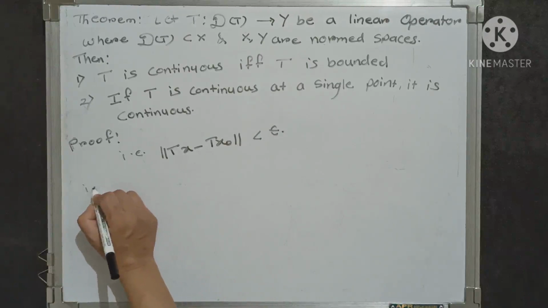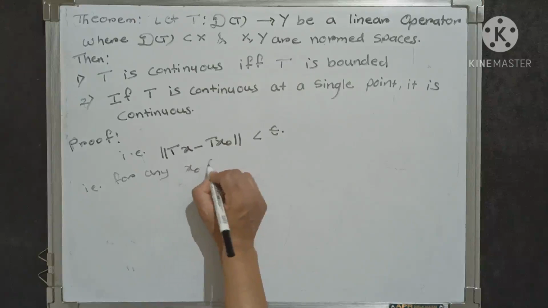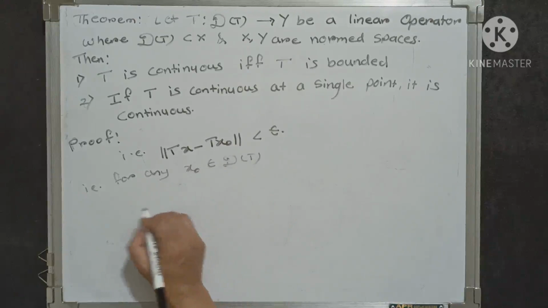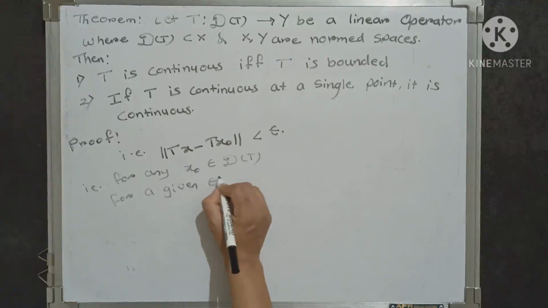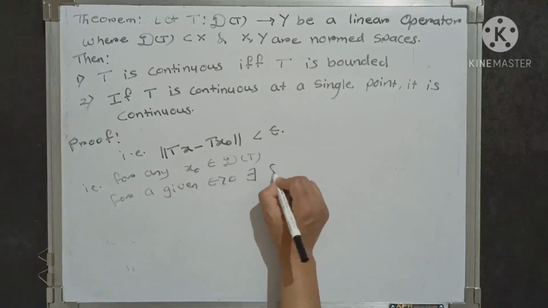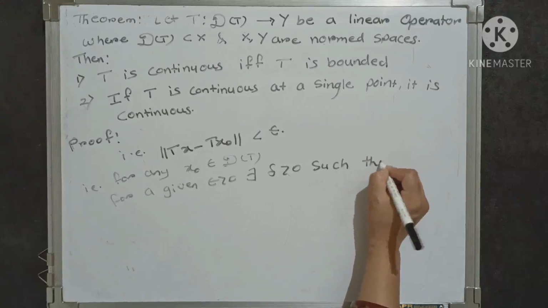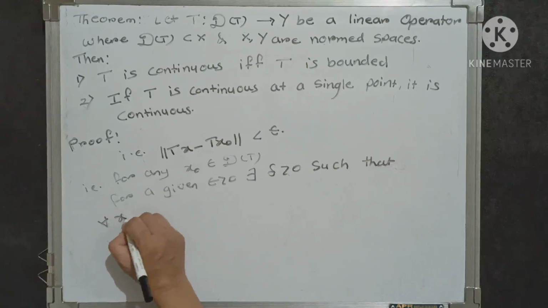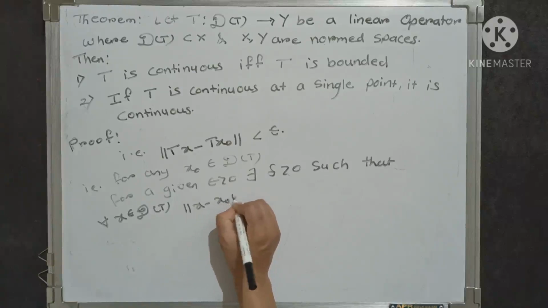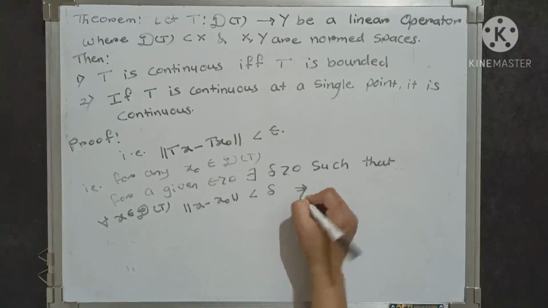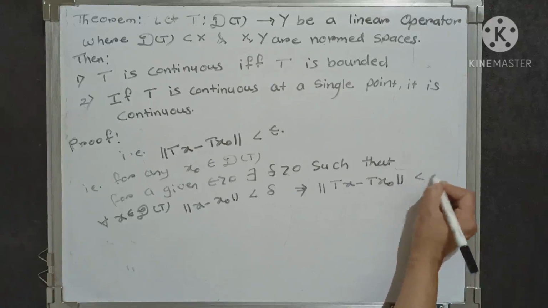That means for any x naught belongs to D(T), we get for a given epsilon greater than 0, there exists delta greater than 0 such that for all x belongs to D(T), the norm of x minus x naught less than delta implies that the norm of Tx minus Tx naught is less than epsilon.